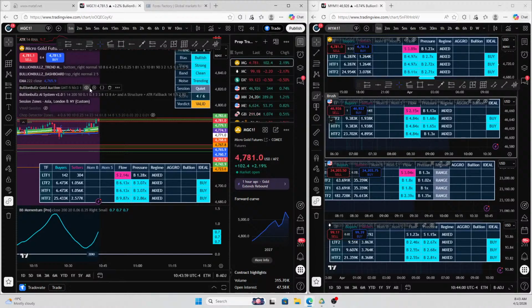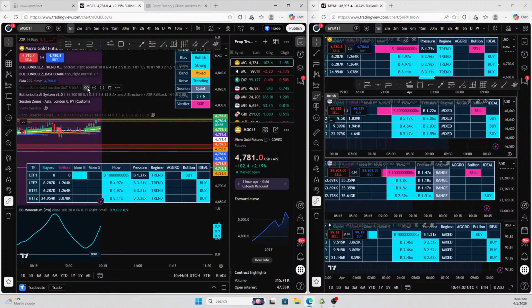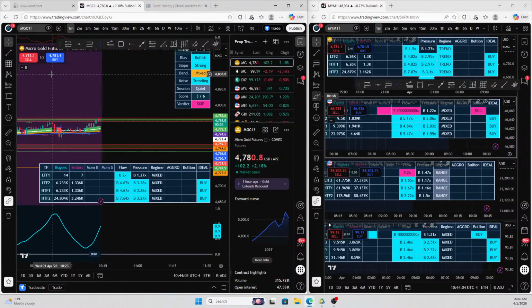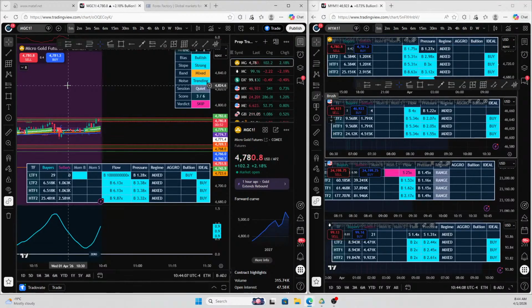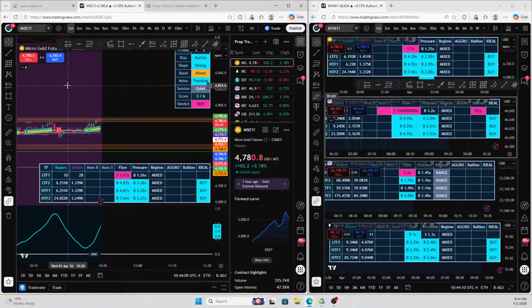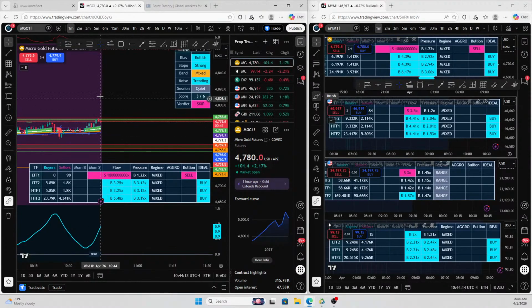We're starting to see price become bullish. We want to see a breakout of this level right here.